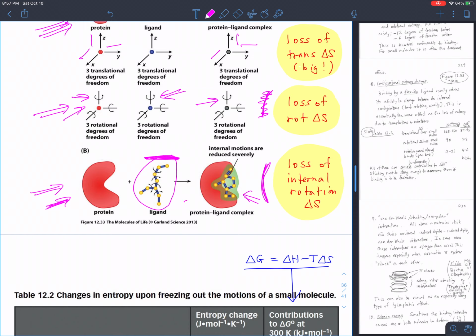Again, let me say that a lot of times when the molecule binds, it can still wiggle around on here. It just can't wiggle as much.